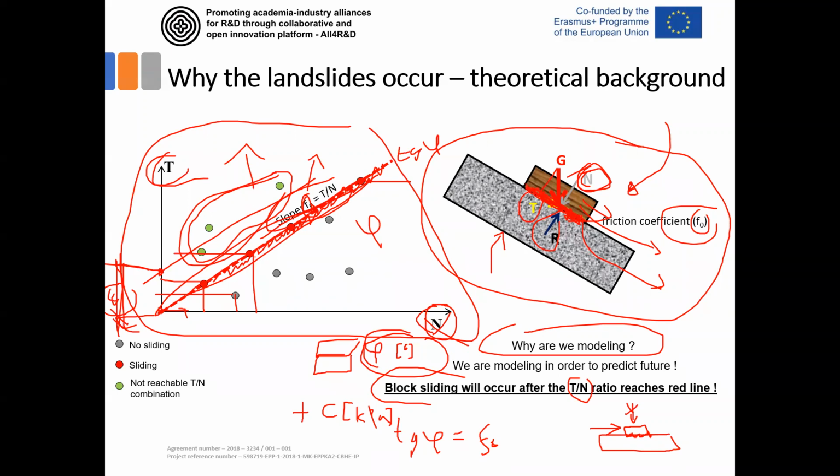And that's exactly what happens in clays. We have particles stuck together by interaction forces called cohesion, defined as this length, which is resistance without normal stress. And this tangent phi is an increment of resistance due to an increment of the normal load.